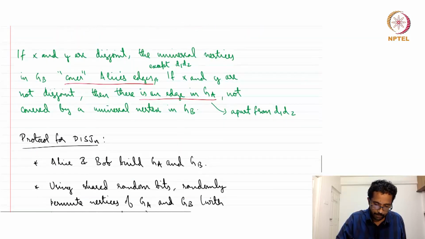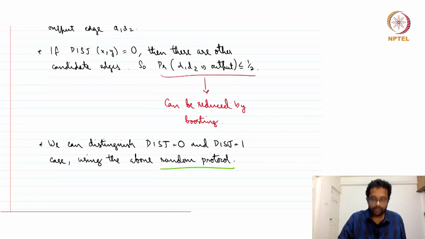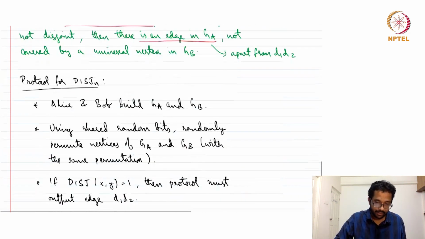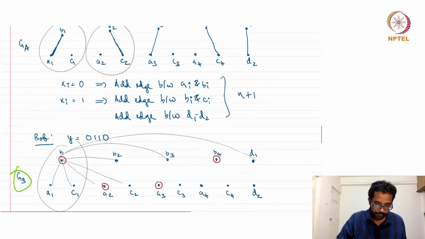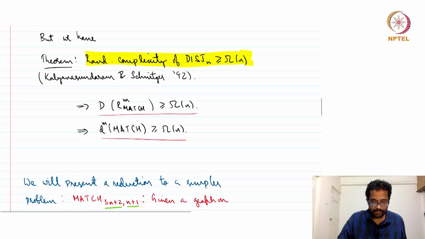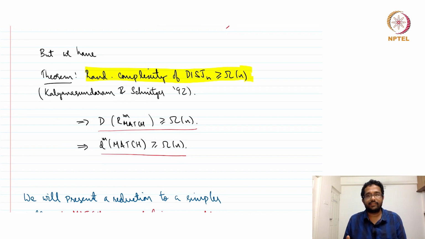The conclusion is that we are computing disjointness using the Karchmer-Wigderson relation on matching. This means that the complexity of computing the Karchmer-Wigderson relation on matching is at least that of the randomized complexity of disjointness, which we know to be at least linear.